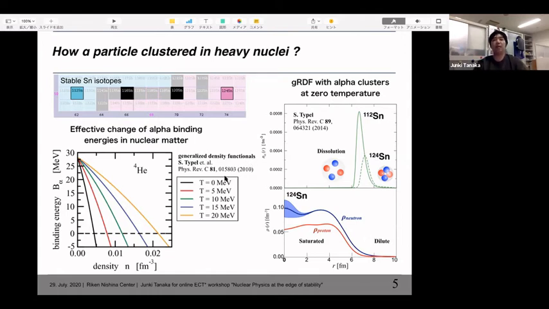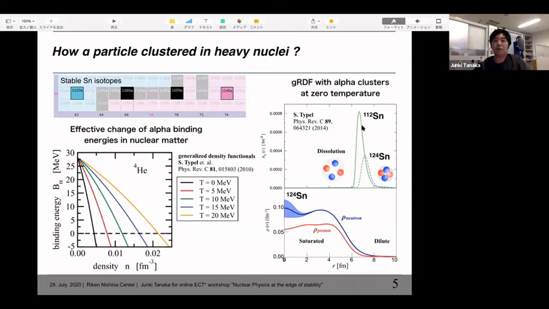In this theory, the binding energy of the alpha particle in nuclear matter changes depending on the baryon density. At zero density, it corresponds to the binding energy of bare alpha particles. By increasing the density, the binding energy decreases, and thus the cluster gets dissolved at the saturation density.